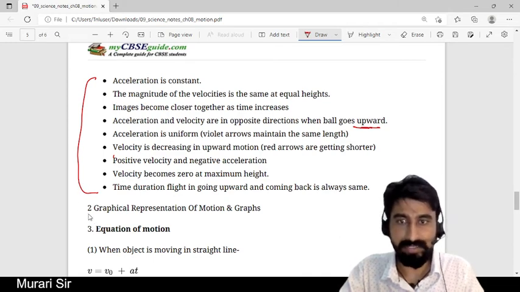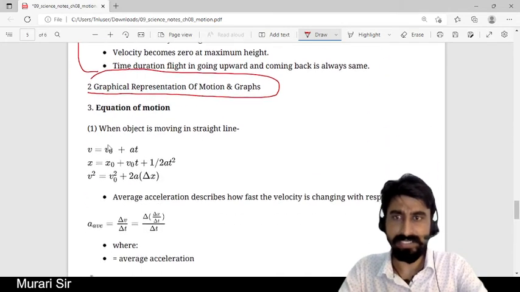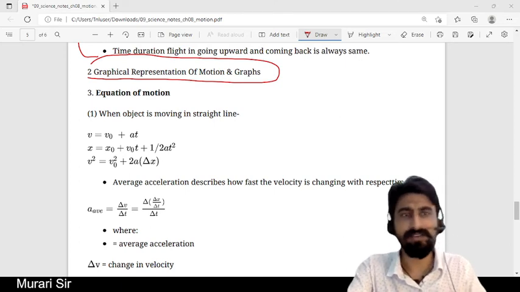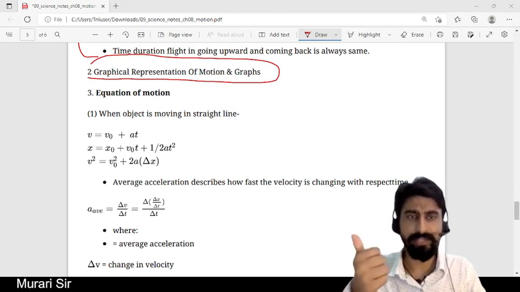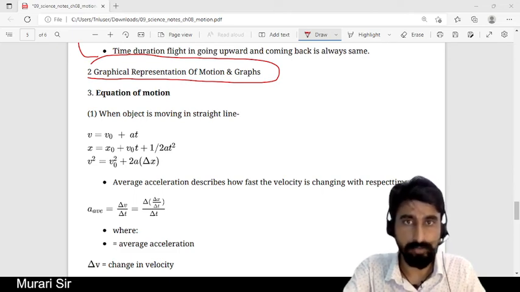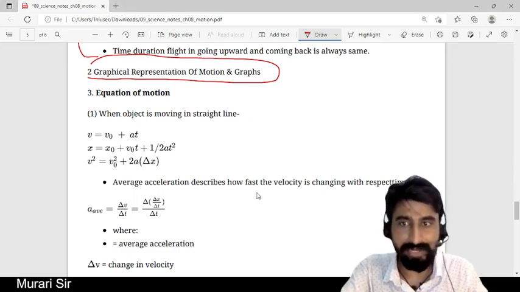Okay, graphical representation of motion and graphs. So don't worry, we just have to understand three equations, and we will cover all these three equations in a later video. I will make one more video for equations of motion. I'm just giving a brief idea about these equations.